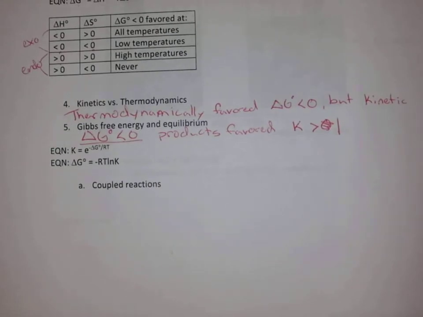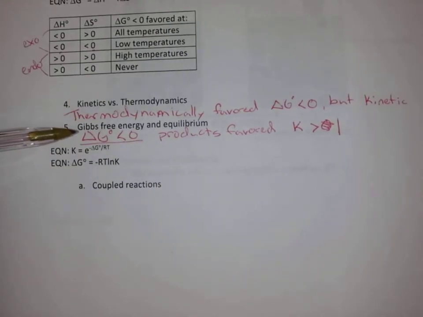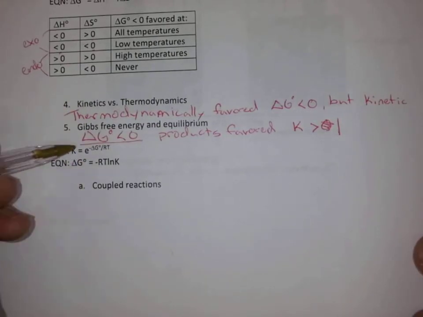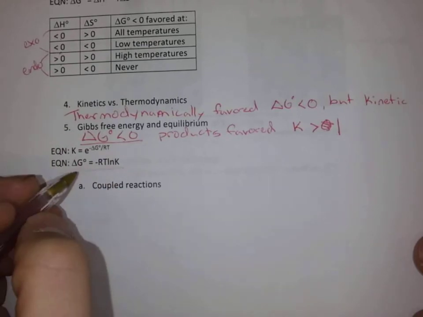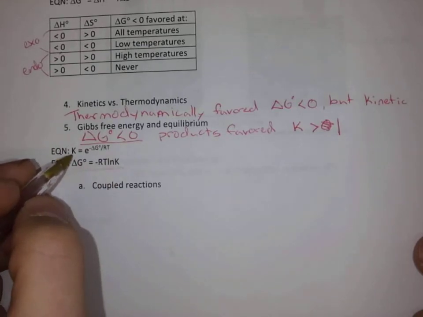So this Gibbs free energy thermodynamic control talks about that equilibrium, and we can relate those two things using these equations. This is the equation that's on our equation sheet. To get to this equation right up here, it's just rearranged.